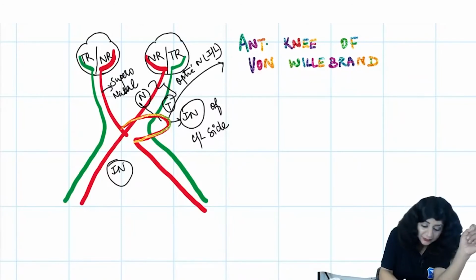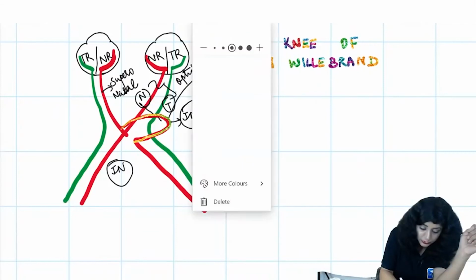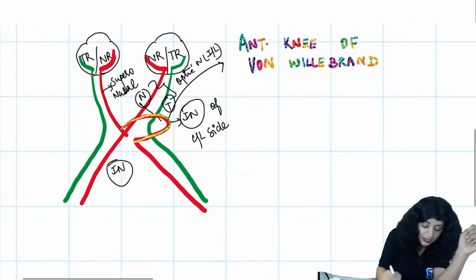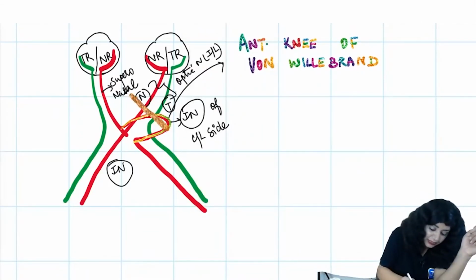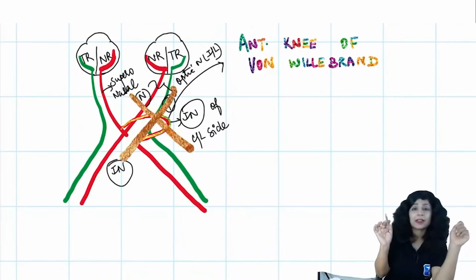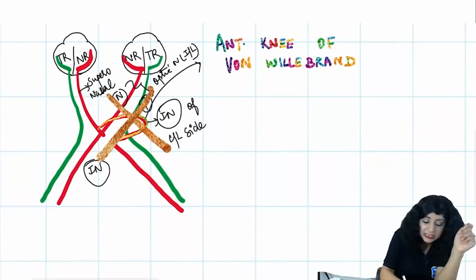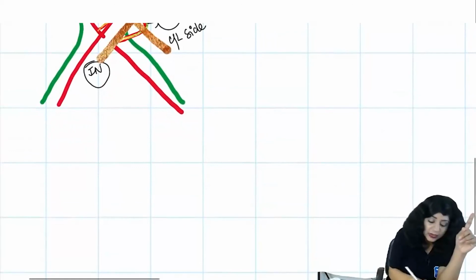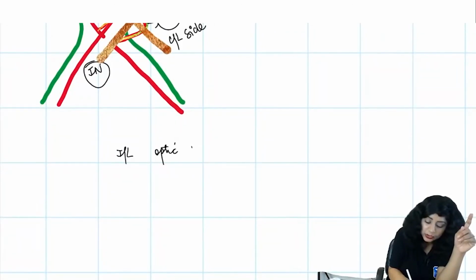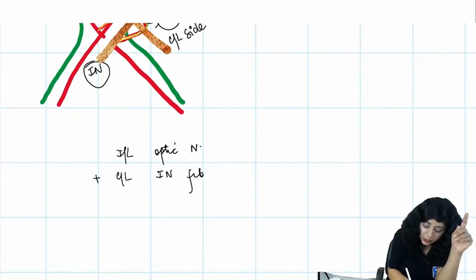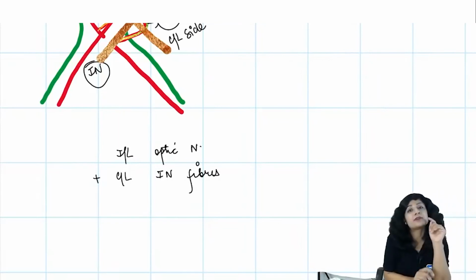If I have some lesion here, suppose there is a lesion here, so this lesion is going to involve the ipsilateral optic nerve fibers, the total optic nerve, plus on the contralateral side it will involve only the infranasal fibers.